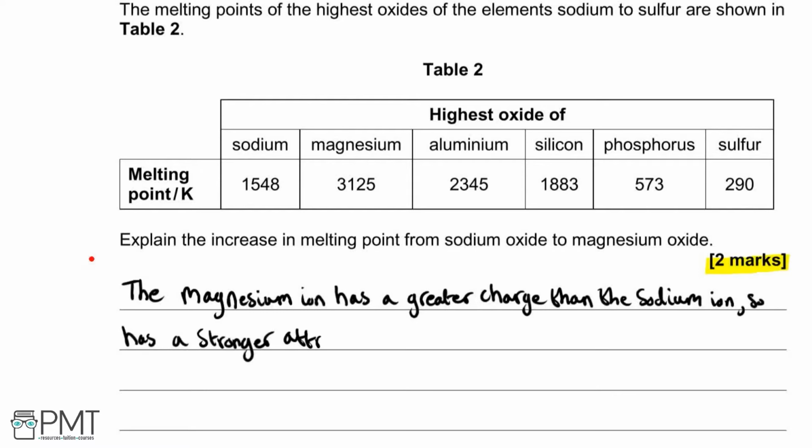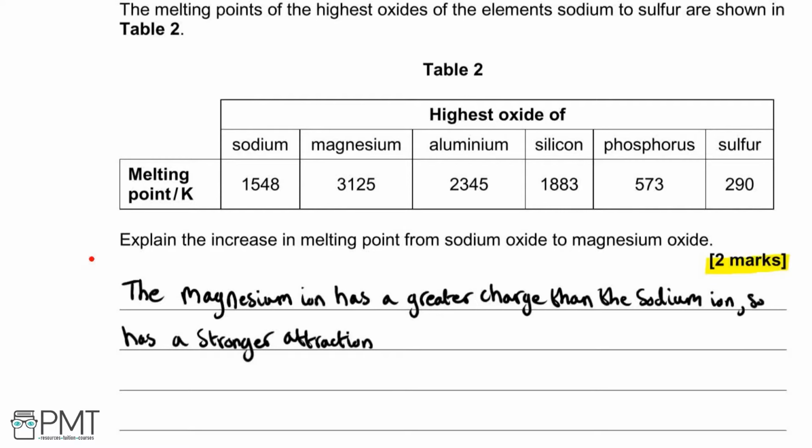This means that because it's more strongly attracted, it's harder to weaken those ionic bonds in order to actually melt the oxide.